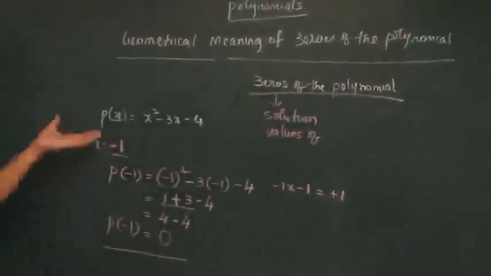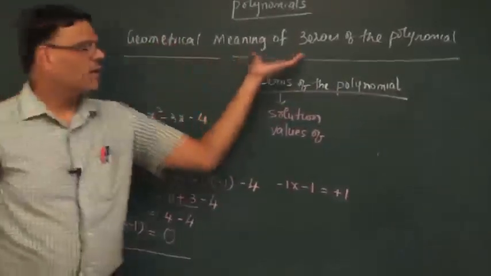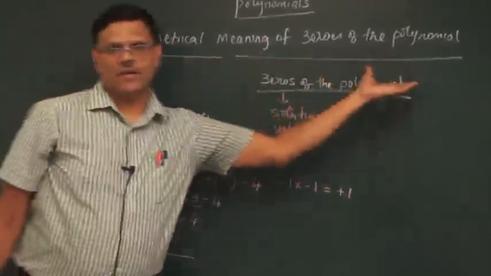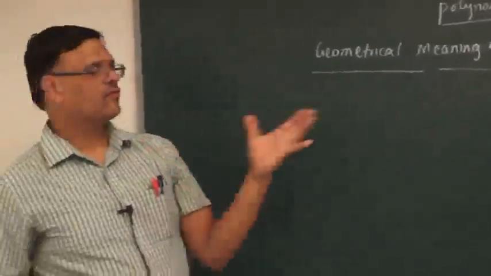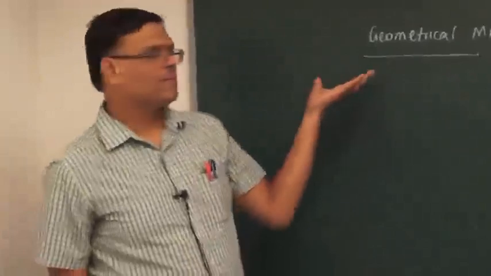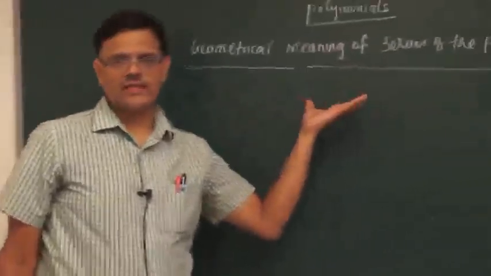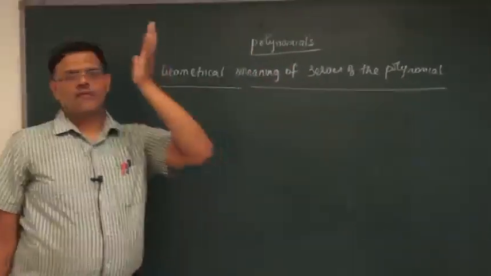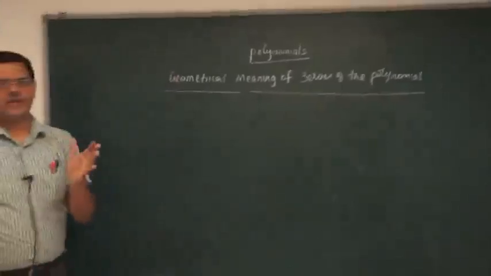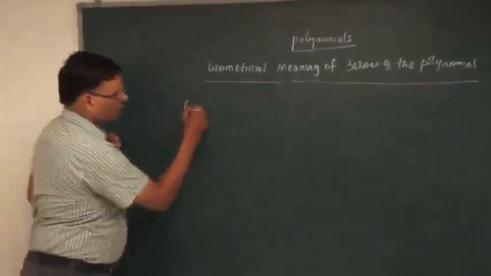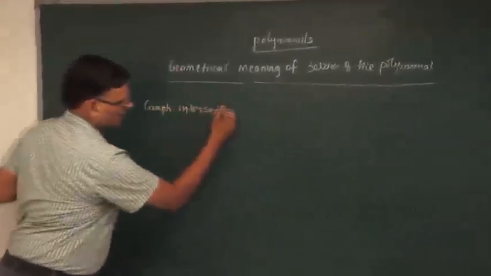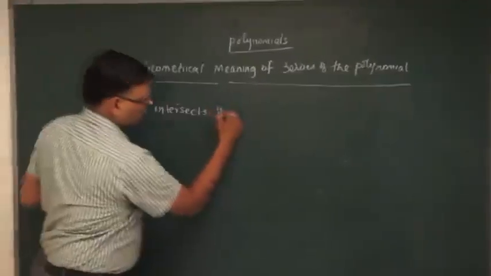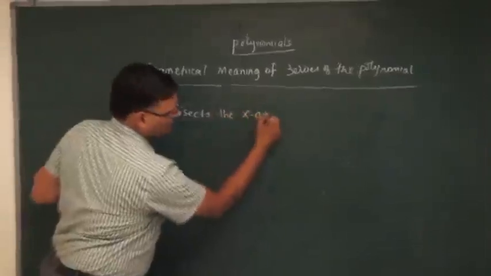Now we will move on to the geometrical meaning of the zeros of a polynomial. It means how to find the values for the given polynomial by using the graph. By using the graph we can find the zeros of the polynomial only when the graph intersects the x-axis.